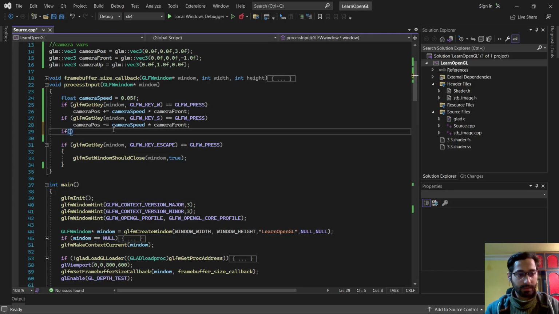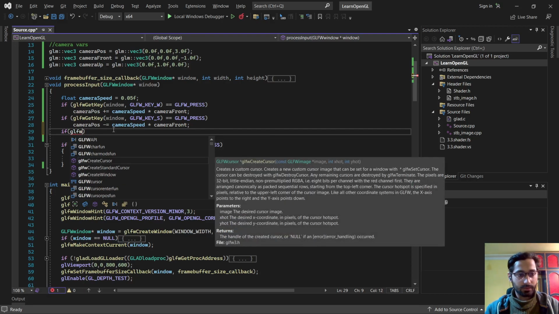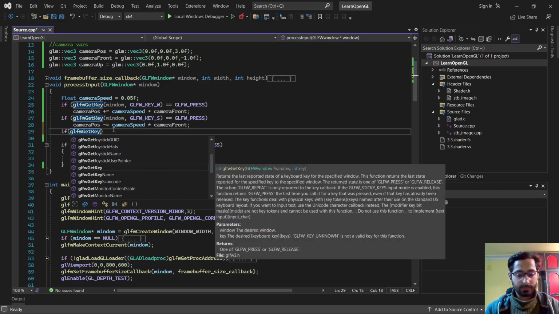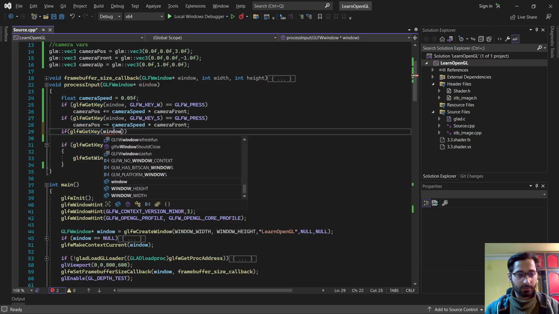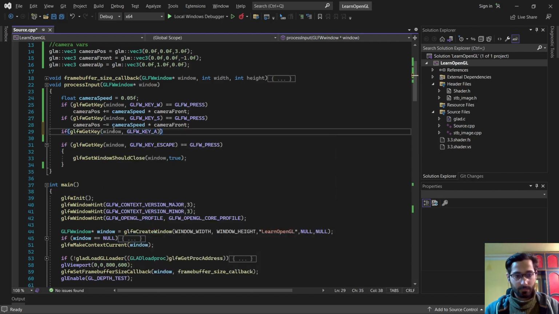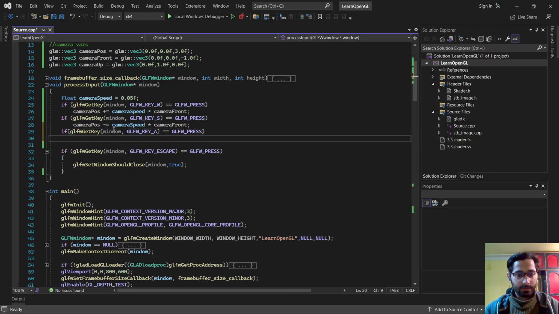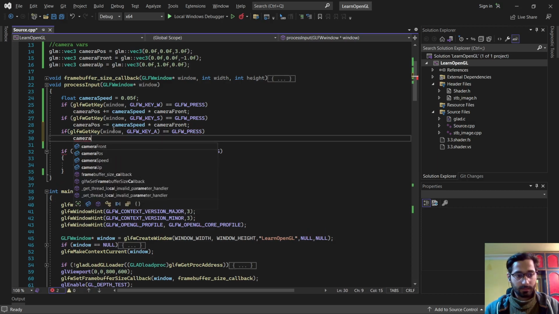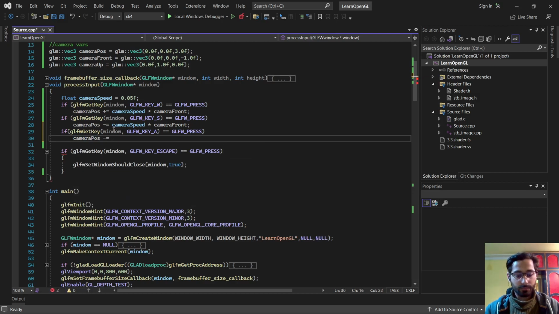Okay, so if glfwGetKey and this window is GLFW_KEY_A is equal to GLFW_PRESS. So if this key is pressed, then camera position, we subtract that from.